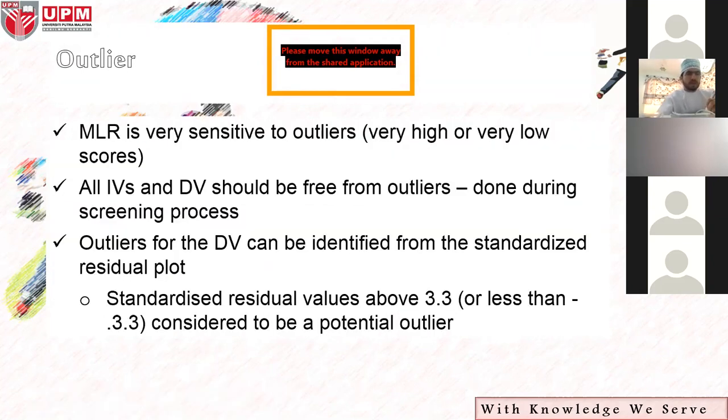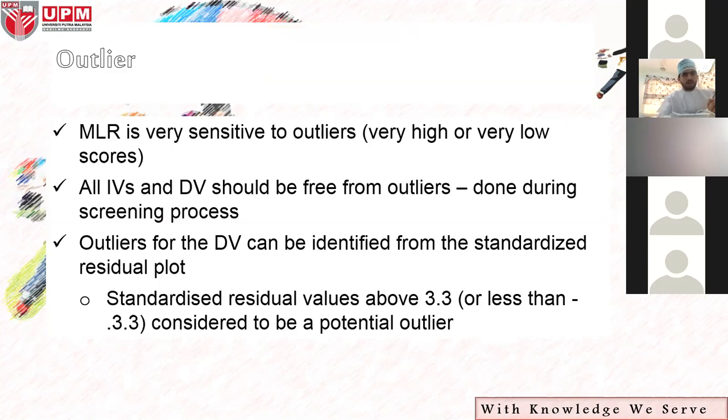Ni. So meaning that when you run your box plot, you need to check for any dots that fall beyond the box plot tu, okay, if the value is above 3.3 or less than -3.3, so you can consider it to be deleted lah.